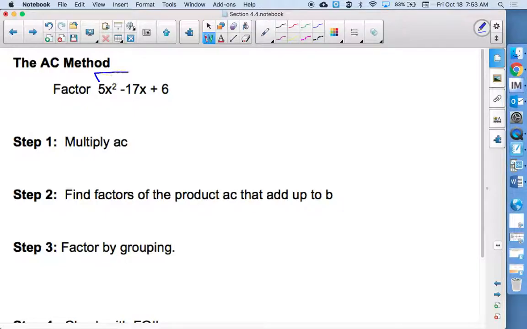So a is the first number, c is the last number. These problems are set up in this form of a quadratic that we talked about on Tuesday: ax squared plus bx plus c. The a is 5, the c is 6. And we're going to multiply those two numbers together. And we get a positive 30.